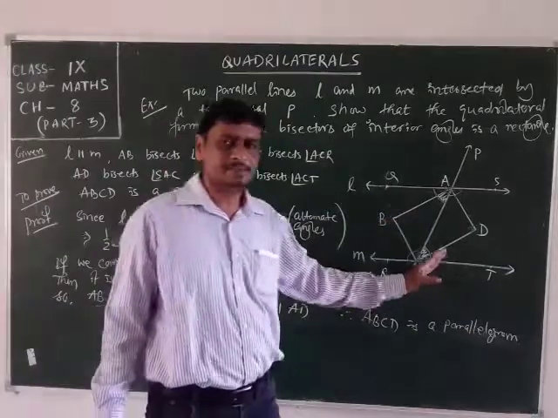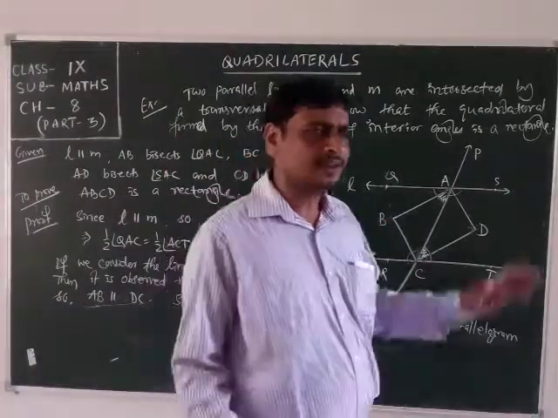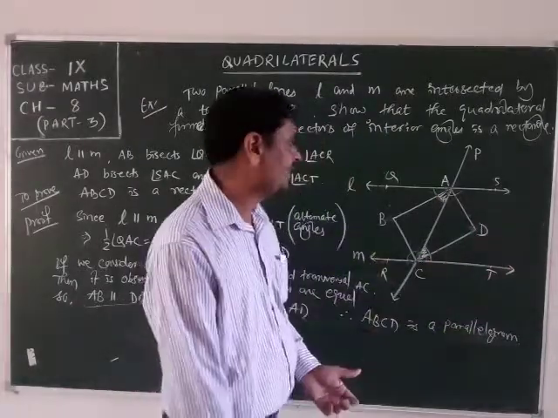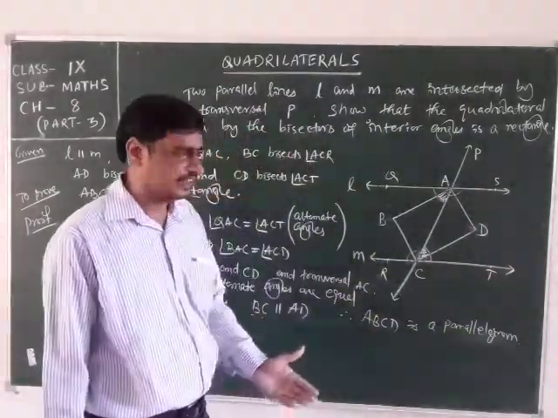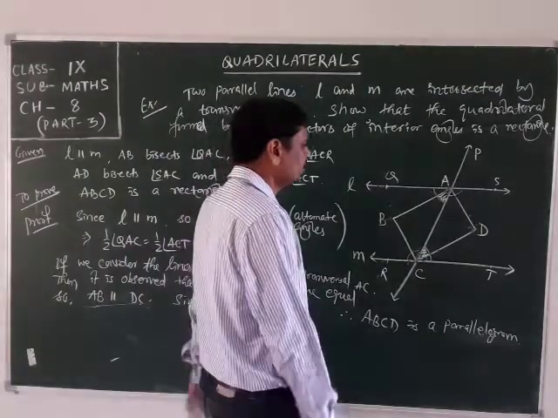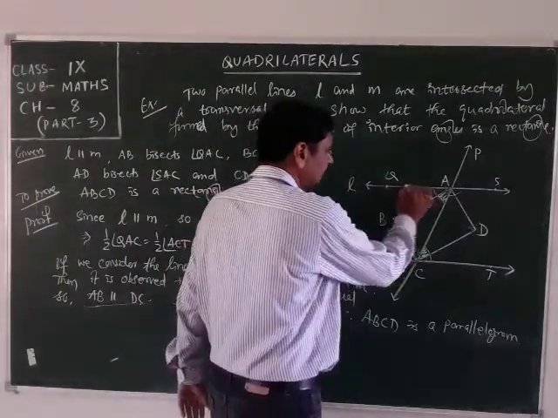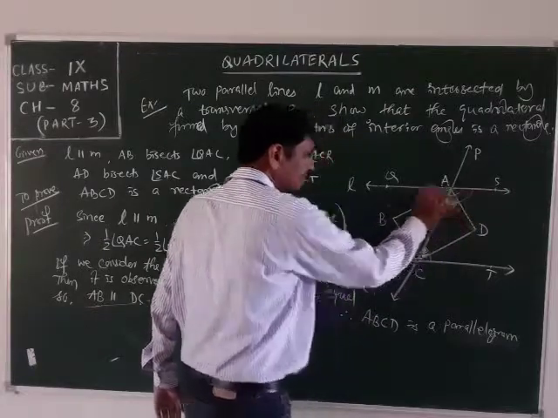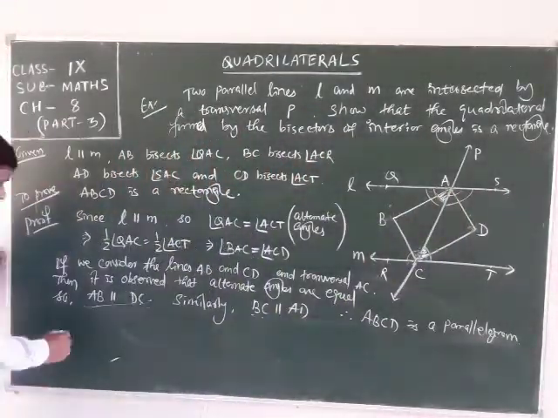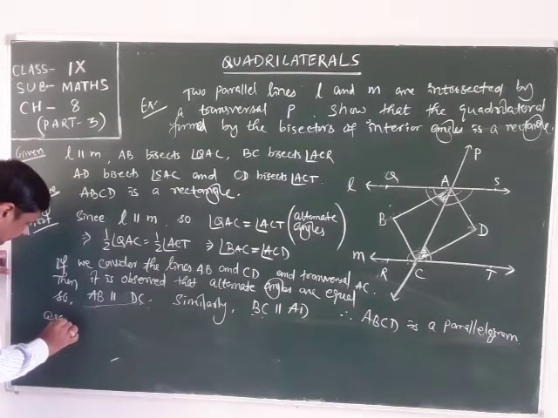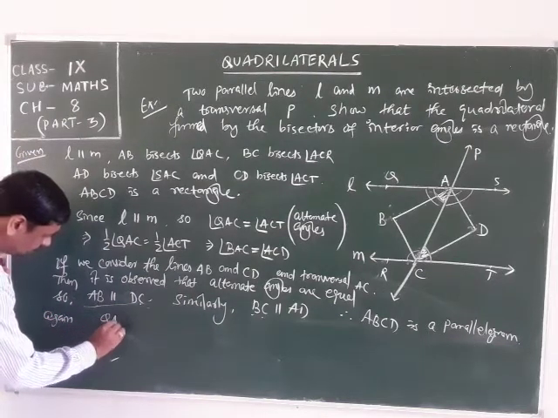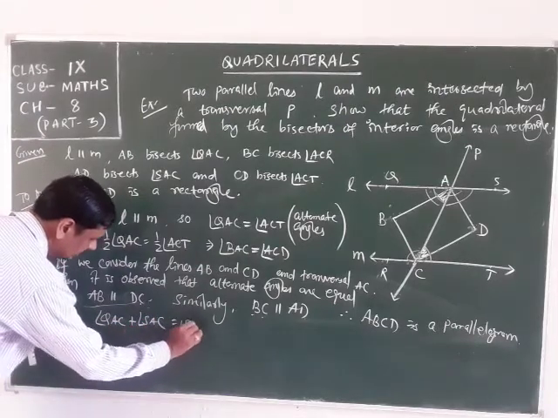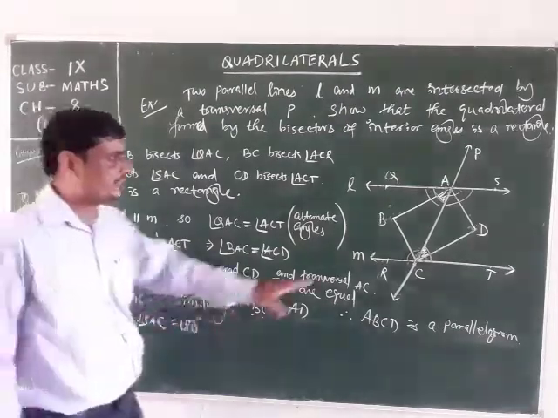After getting ABCD as a parallelogram, we have to show one of the angles is 90 degrees to show it is a rectangle. So how to show it? Here, the sum of angle QAC and angle SAC is 180 degrees, because these are linear.